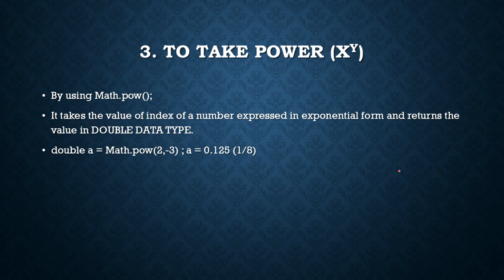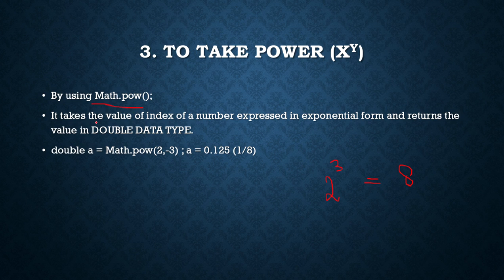The third one is to take a power. In math we learn 2 raised to 3 is equal to 2 into 2 into 2, multiplied 3 times. To do that, we use the statement Math.pow.